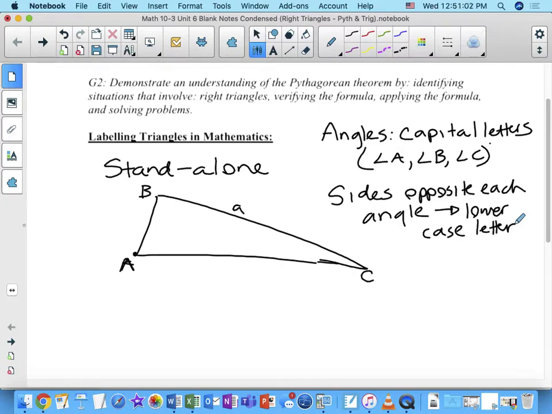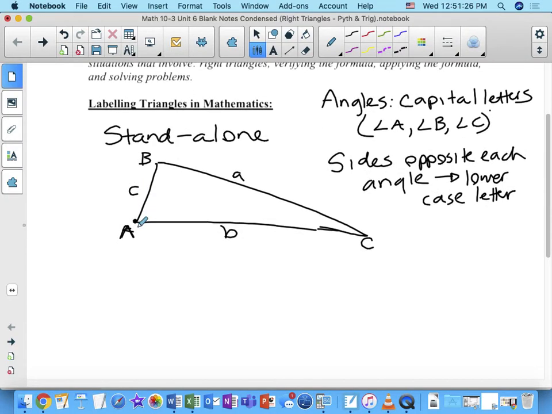So this side down here, which angle is it opposite? B, yes. So this is going to get lowercase b. Okay? And then finally, the one on the left side that's slanted is lowercase c. Okay? So that's one scenario that you could have.